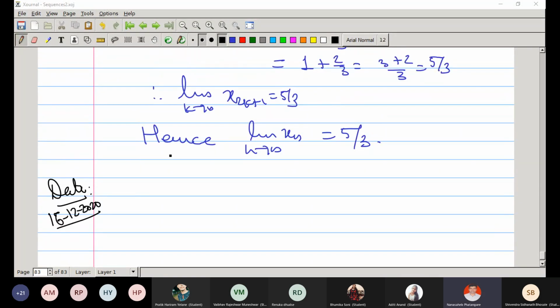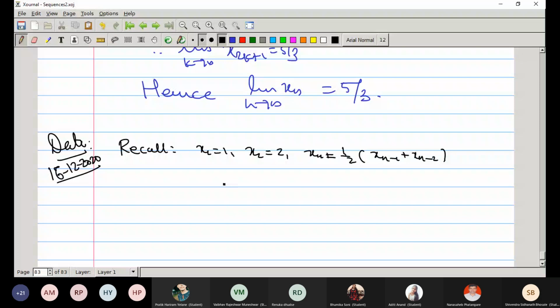Okay, so we discussed yesterday Cauchy sequence, right? And saw that xn in terms of the algebraic mean, then xn is Cauchy.